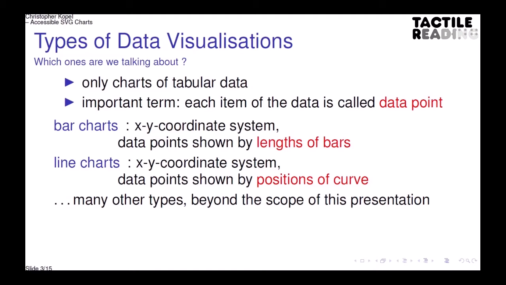And in a line chart, we have one or more curves where the curve passes all the x and y coordinates of all data points. So here you can say the y component of a data point corresponds to the height of a curve for a given x coordinate. Okay.